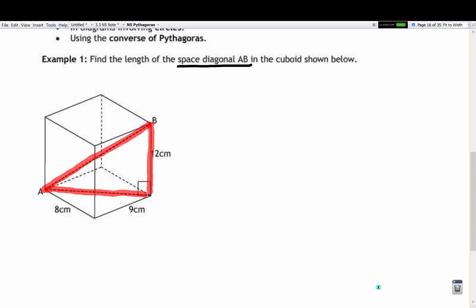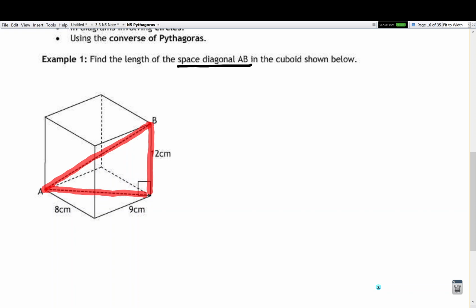The difference between a space diagonal and a face diagonal is that the face diagonal goes along one of the faces of the three-dimensional shape. So if we know that side along the bottom, we can use it with the 12 and Pythagoras theorem to get AB. Now, the issue is, obviously, we don't know that face diagonal along the bottom.